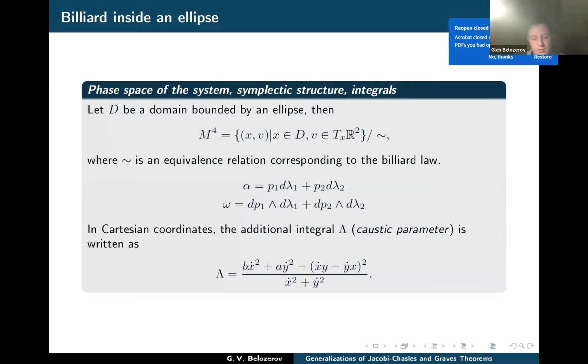And now consider two cycles on this torus. Projections of these cycles you can see on the screen, gamma 1 and gamma 2. Okay, let's calculate the integral of alpha over these cycles. What do we obtain? For cycle gamma 2, we obtain the length of the caustic multiplied by h. But what do we obtain if we calculate this integral for the cycle gamma 1?